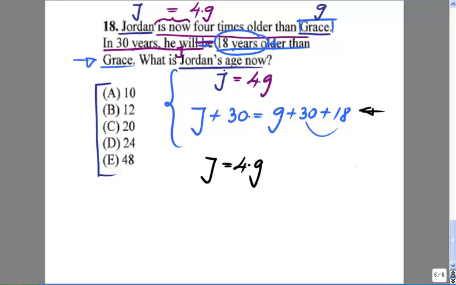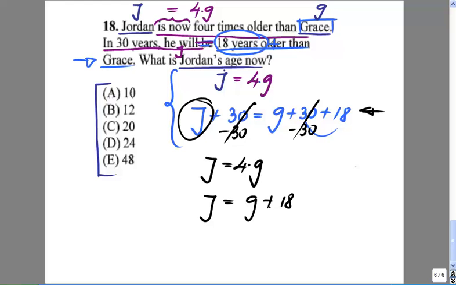What number can I subtract from both sides to make it easier and to have just J in here? What number? Well, 30, right? If I'm taking away 30 from both sides, that 30 will go away. So basically my second equation now becomes Jordan's age, J, equals Grace's age plus 18.